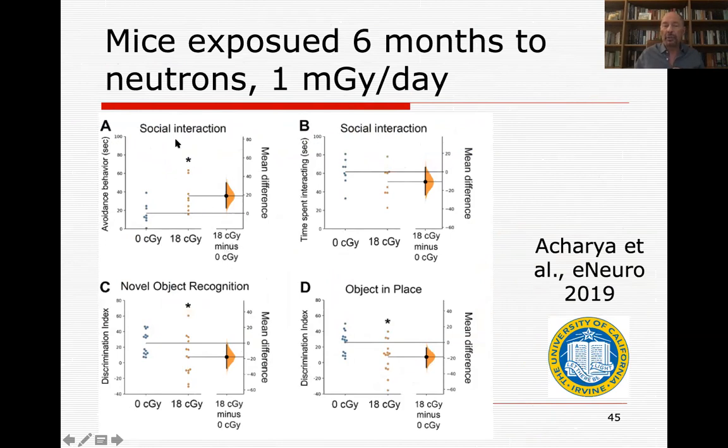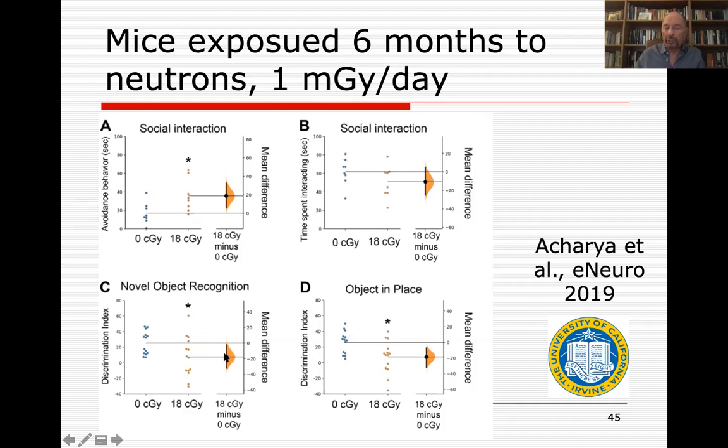You see, this is for social interaction, avoidance behavior, time spent interacting. You see, this is a reduction, and this is an increase of avoidance behavior among mice. So they don't interact anymore.